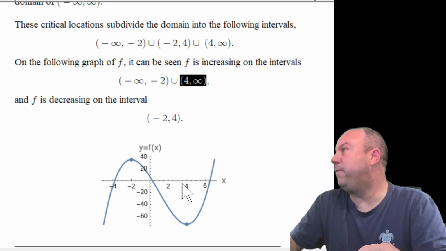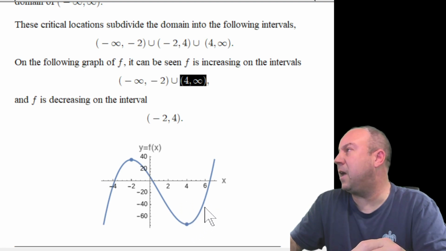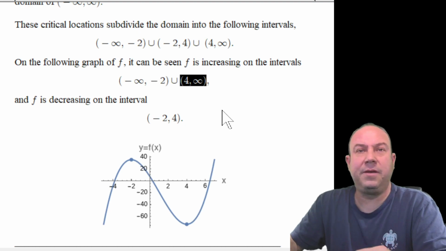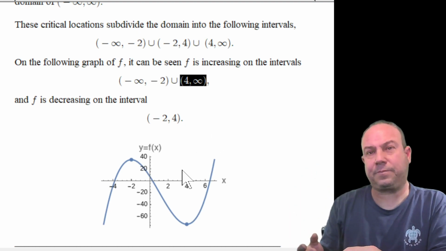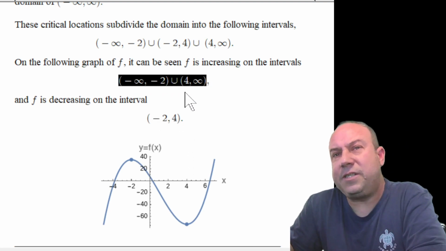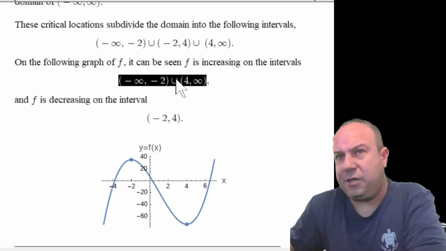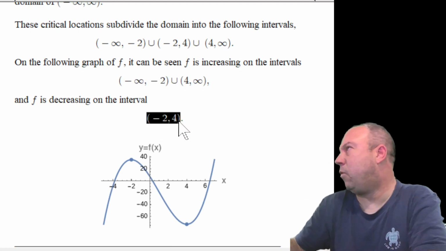Then I begin decreasing at negative 2 to 4. From negative 2 to 4 along the x-axis, I am decreasing, moving down. And then starting at 4 out to positive infinity, I am increasing again up the right side of this function. So I am increasing on the intervals from negative infinity to negative 2 and from 4 to infinity, and decreasing from negative 2 to 4.